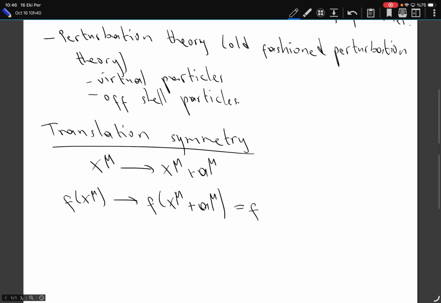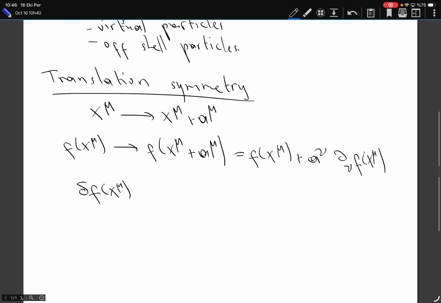Then this will be f of x^mu plus a^nu partial_nu f of x^mu. So the variation in our function due to this symmetry, delta x^mu, will be partial_nu f of x^nu.